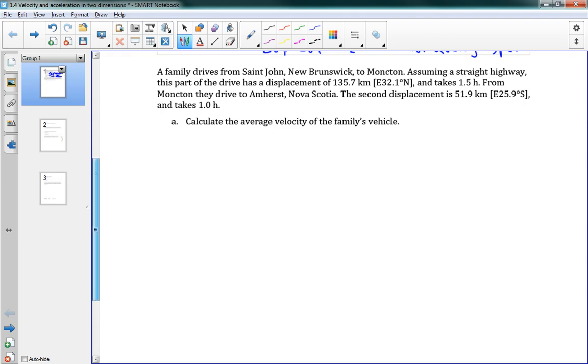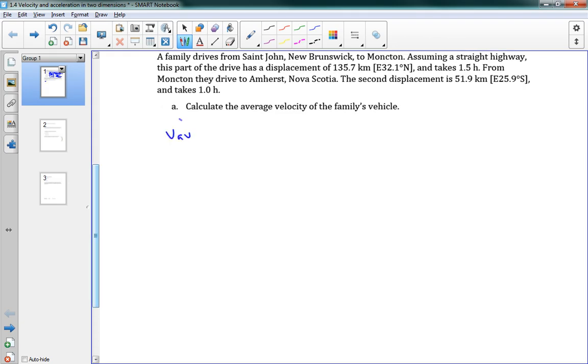So, we have our equation. Average velocity is equal to displacement over time. And we know that our time is 2.5 hours total. It was 1.5 plus 1. And our displacement, we need to add these together. We've got displacement 1 plus displacement 2.